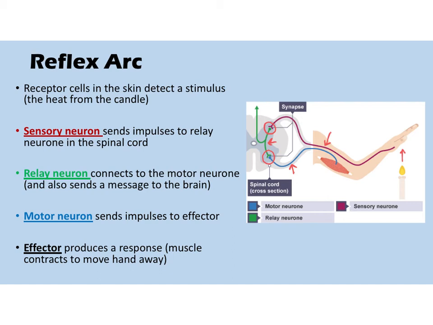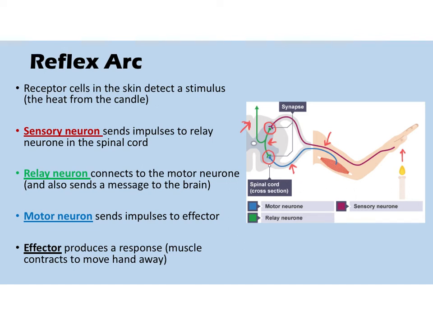But as you can see here, this green one also has an arrow pointing up. So the relay neuron doesn't only connect the sensory and the motor neurons, it also sends a message up to the brain. So that's what that arrow going up means. It's the neuron sending a message from the spinal cord to the brain. But it also connects to the motor neuron, which sends the impulse to the effector, and the effector produces the response.